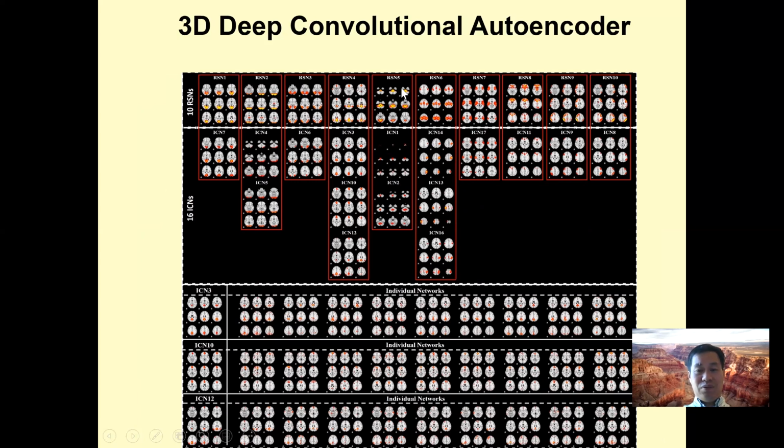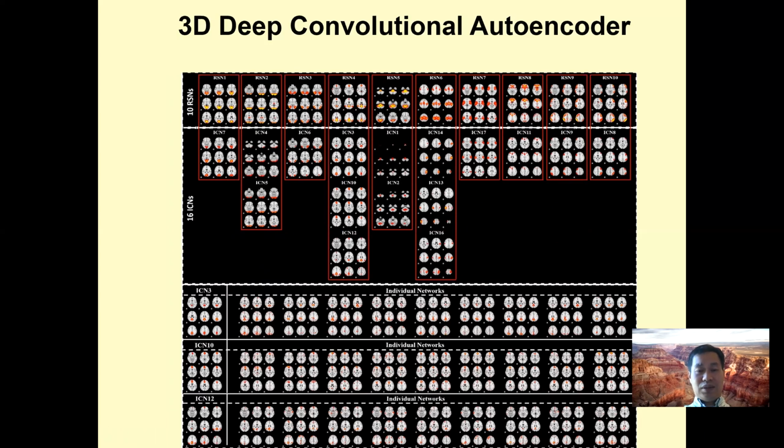For example, if we look at the typical default mode network, which is RSN4, we now have 3 subtypes because of the variability in the different volumes, in the different task states and in different individuals.